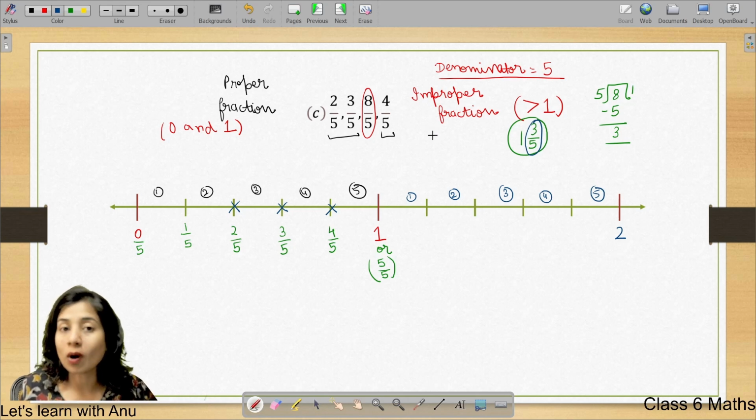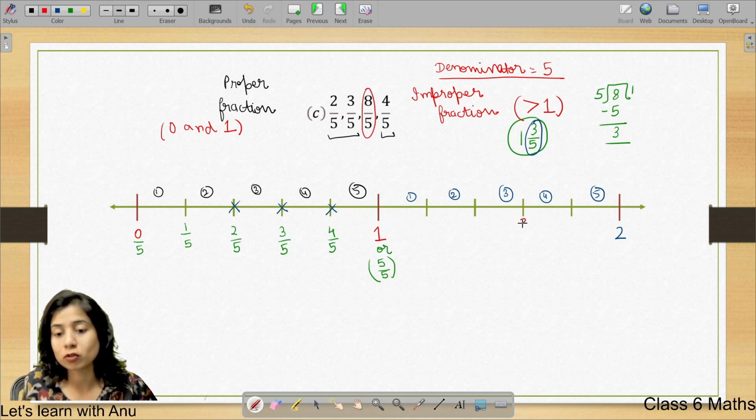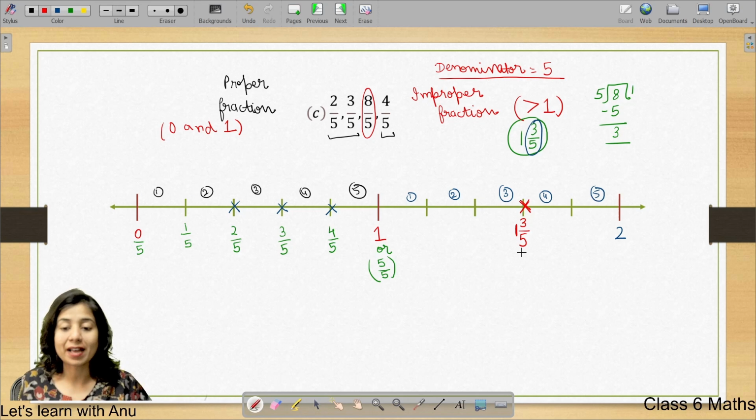So to plot 1 3 by 5, which is a mixed fraction, our answer is going to be this one. So let me finish it. This is going to be 3 by 5. So our point is 1 3 by 5, or we can also write it as 8 by 5.